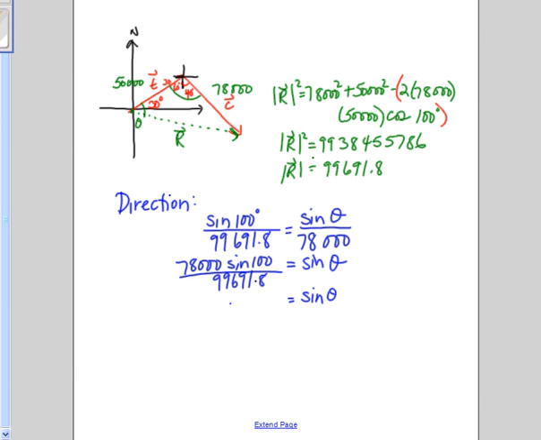We will get approximately 0.77052. Theta is the inverse sine of that answer, which is approximately 50 degrees.